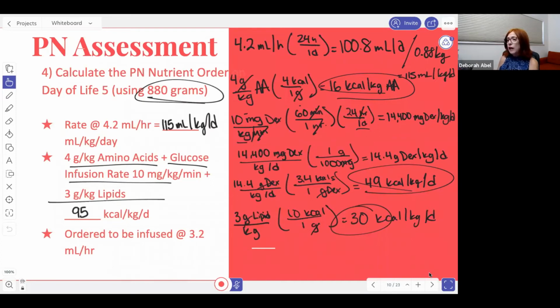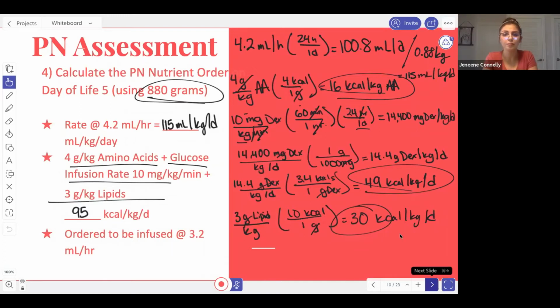Even in an hour, the doctor can come back and order it to be infused at 2.6. Then you would recalculate your numbers again. The nurses follow that. They have a dial where it's being infused into the baby's vein, and they will dial it to 3.2, so only that amount can be infused into the baby. Got it.